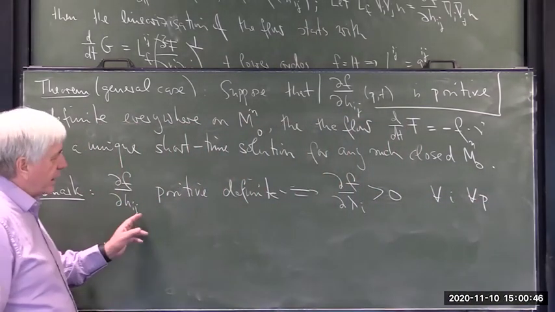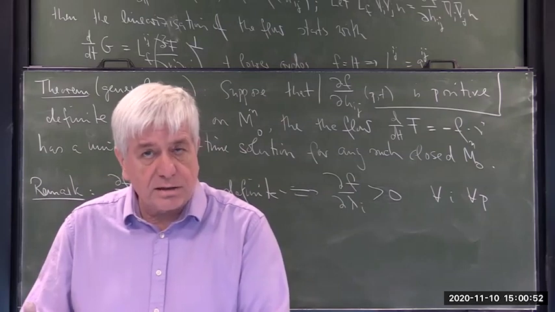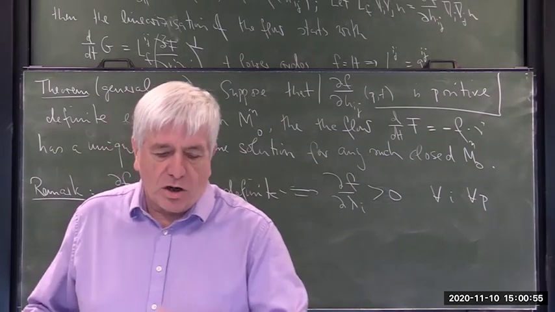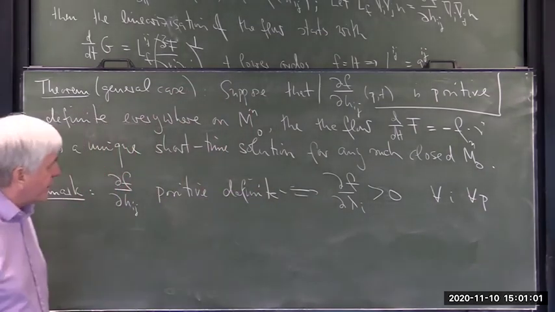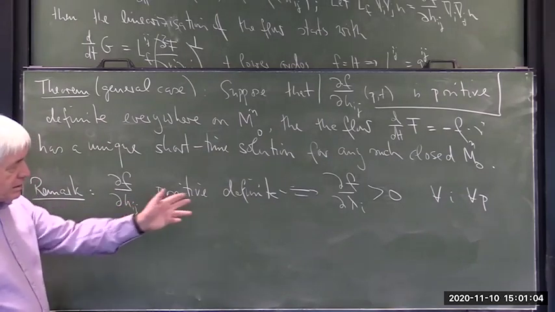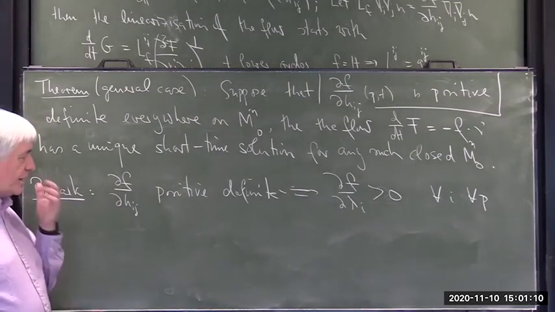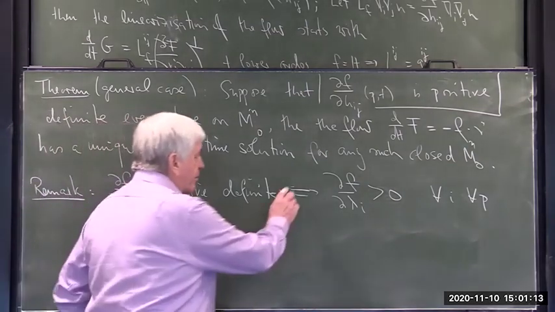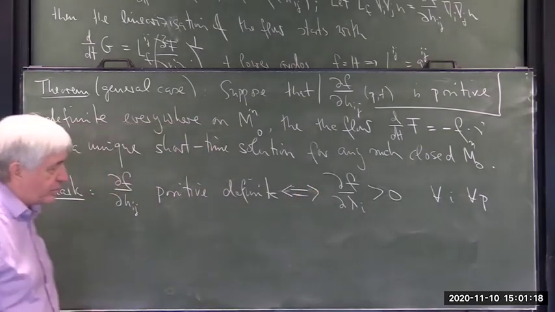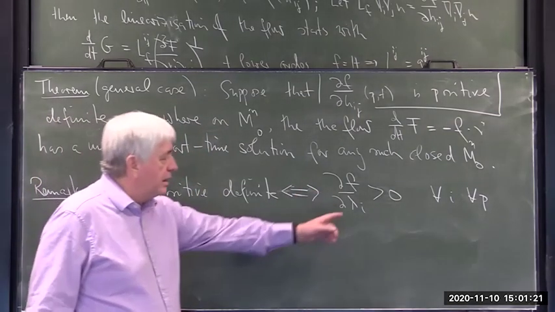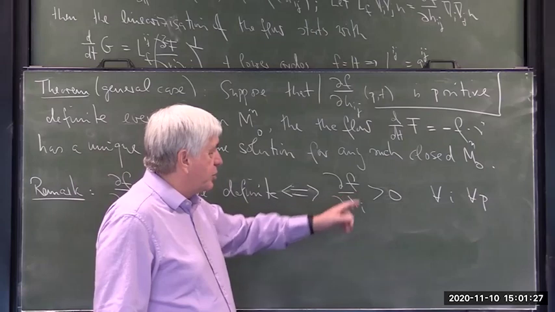In other words, you can consider f either as a function of the Hij, depending on the whole matrix Hij, and gij, or you can view it as a function depending on the eigenvalues. And this little lemma is a good exercise, actually, to convince yourself that f being positive definite as a function of the Hij is exactly the same as saying that f considered as a function of the n principal curvatures is monotone with respect to each one of them.